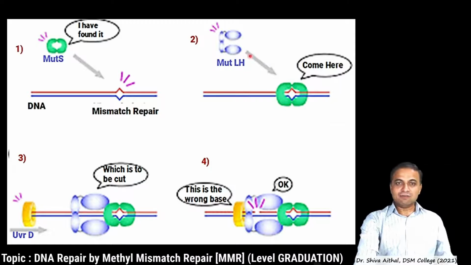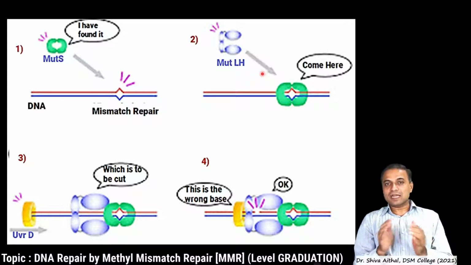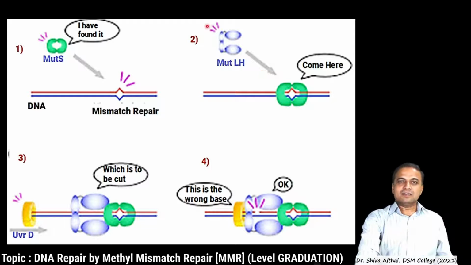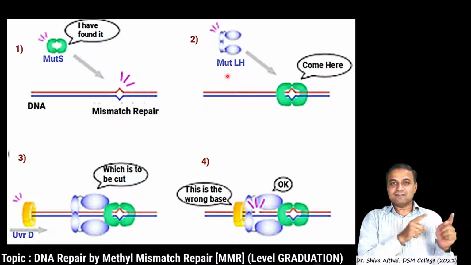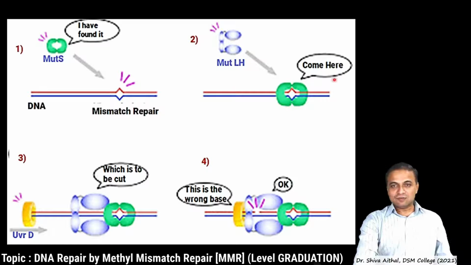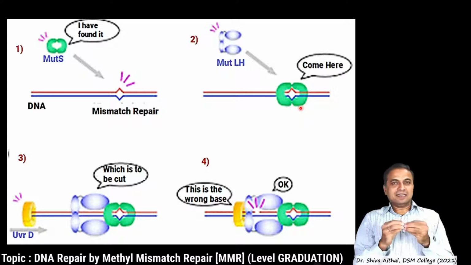Second, it invites mut L and mut H. This is the mut LH protein. Hey, come here, it says. Mut L and H go only by invitation by mut S, which has already gone to the spot of damage. So it is just like a team.